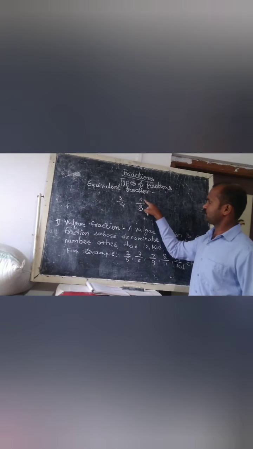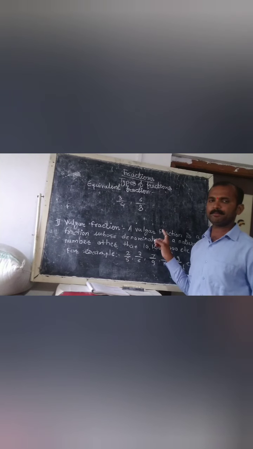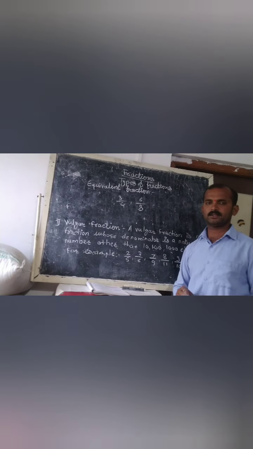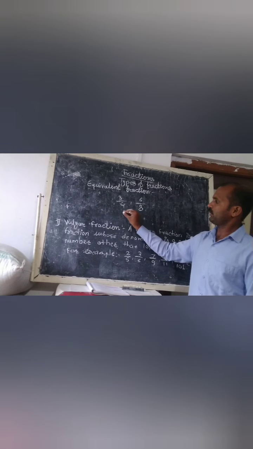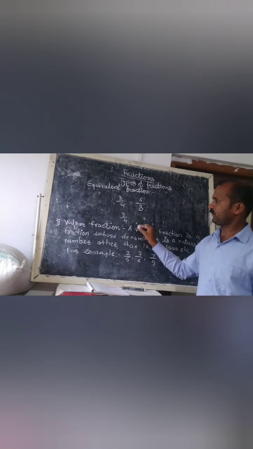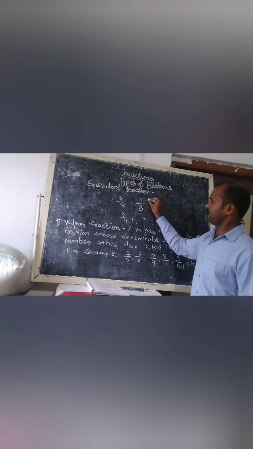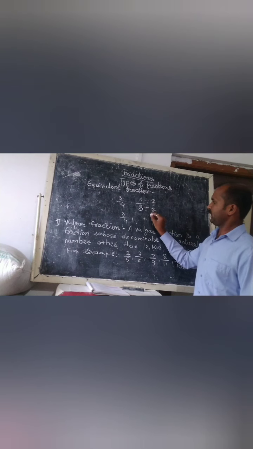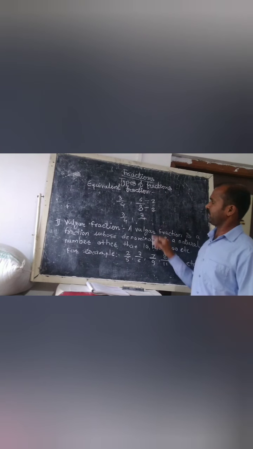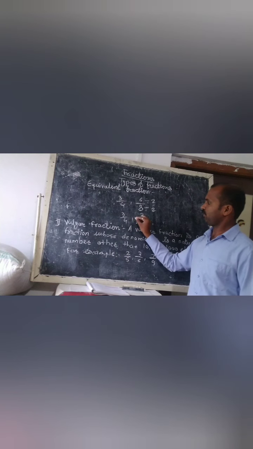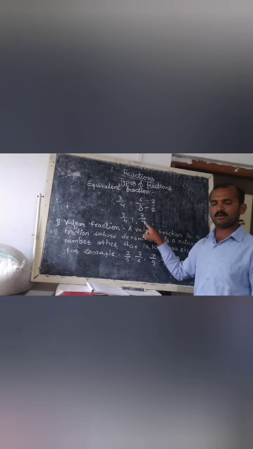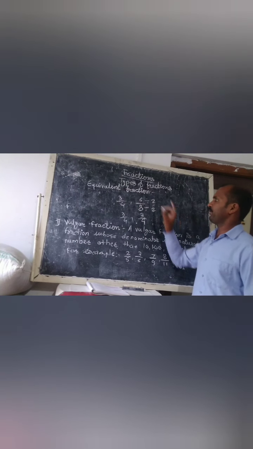When we convert these two fractions into their simplest form, simplest form means numerator and denominator should not have any common divisor. So here 3 upon 4 is already in simplest form, and in 6 upon 8 we have a common divisor 2. 2 into 3 is 6 and 2 into 4 is 8. So 3 upon 4 and 3 upon 4 are equal, means their simplest forms are equal. They are called equivalent fractions.